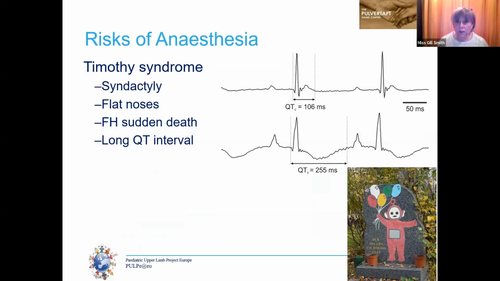But that's really worrying because these patients usually have a family history of sudden death. And indeed, they have a very long QT interval. And with that very long QT interval, they have a risk of torsades de pointes. The torsades de pointes is highly resistant to treatment, and you have a risk of an on-table death.